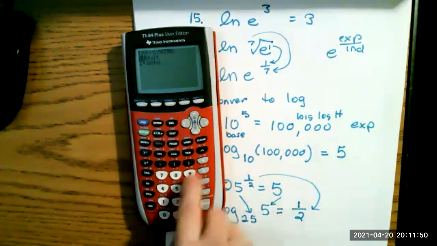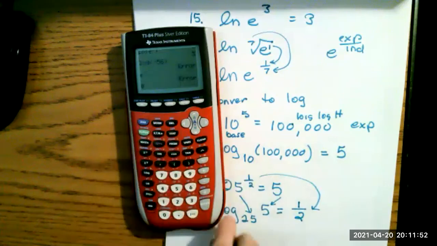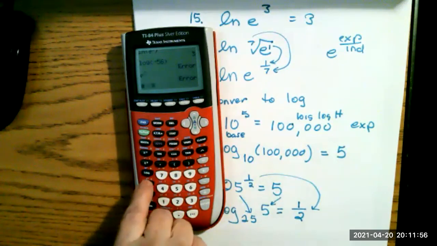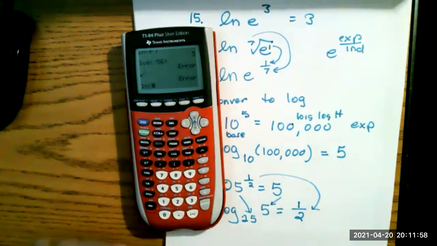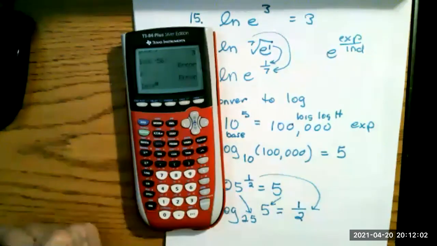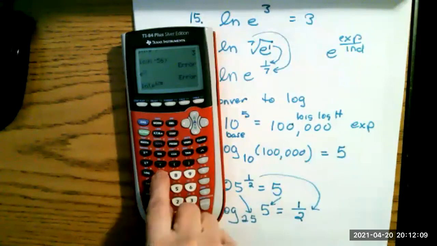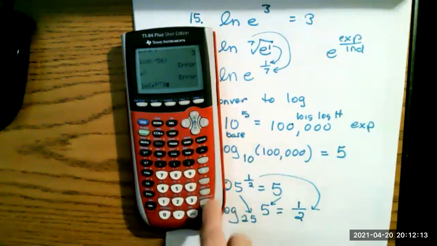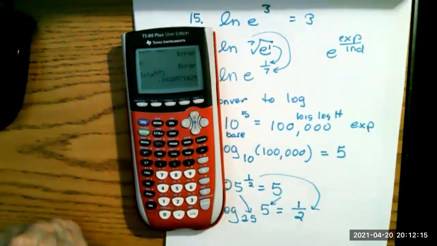That's going to be LN. Hit the LN key and then put in E. So that would be second LN. That's going to give you E, and then it's going to give you that little exponent up there. Put in 1 divided by 7, and then close your parentheses and see if it gives you a big long number.